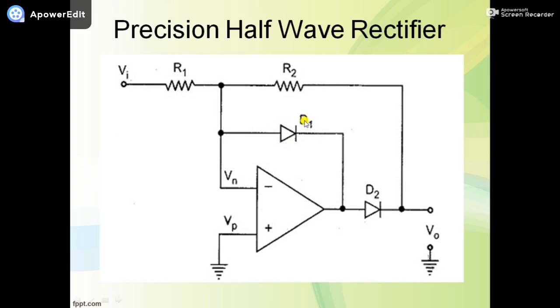The diode D1 becomes forward biased due to the negative output voltage of the op-amp, and this tends to pull the op-amp inverting terminal in the negative direction.